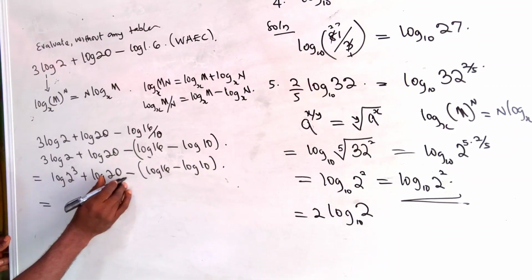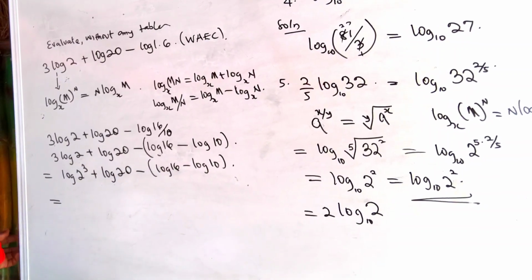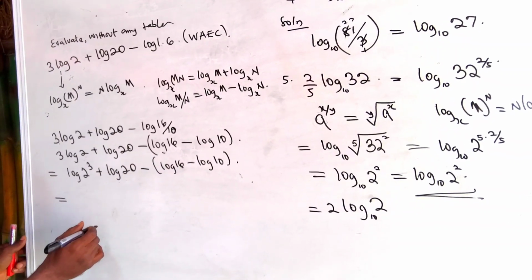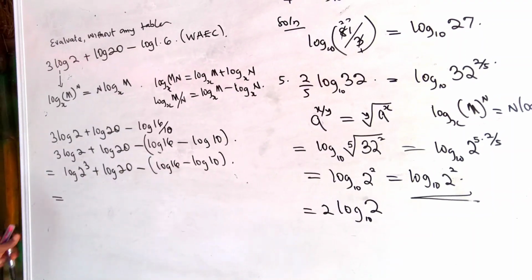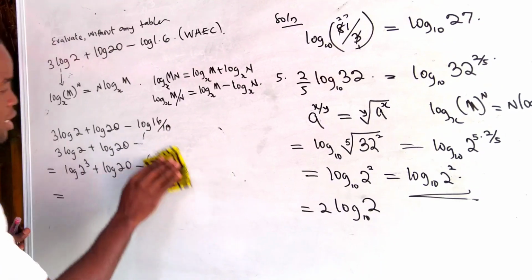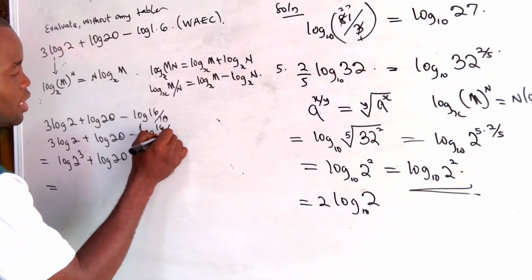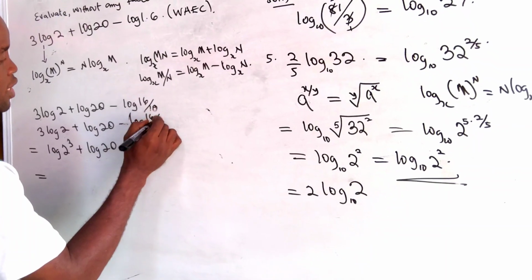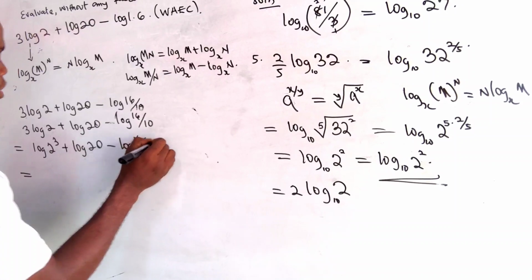This one is multiplication, this is division, that's division. Let's still just keep this as log 1/6 all over 10.